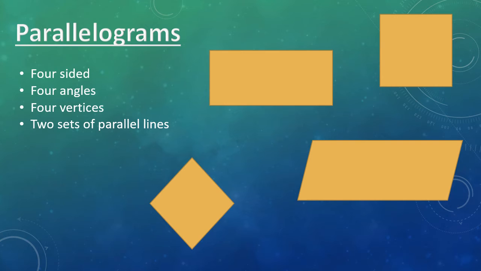Now we're going to talk about parallelograms. So you may have noticed that the rectangles were parallelograms and the rhombuses were parallelograms. And that's true. Parallelogram, this word means just that when we are looking at a polygon, it has 4 sides, 4 angles, 4 vertices, and 2 sets of parallel lines.